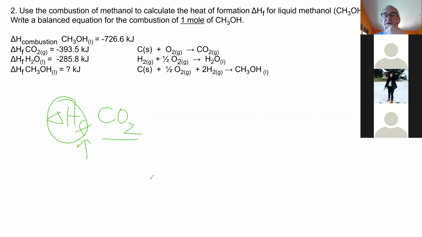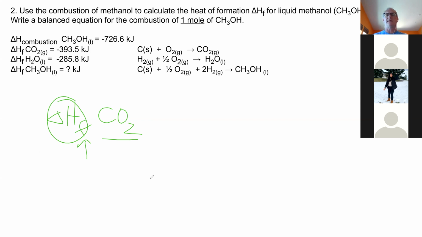Notice there's a heat of formation of CO2 right on the page. What reaction is it associated with? Combustion. I'm sorry? Combustion.